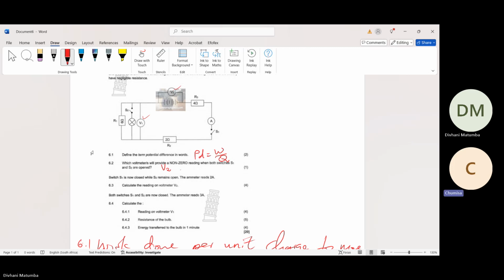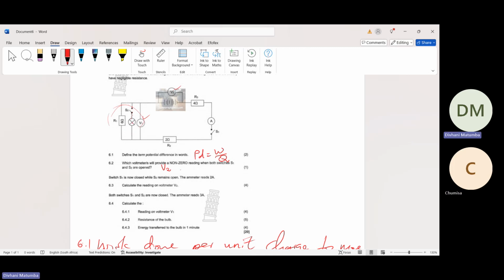Are we still gonna use 12? No, we're not gonna use 12 anymore. Remember, once switch S2 is closed, now we have a parallel connection. Do you see? Yes, sir.